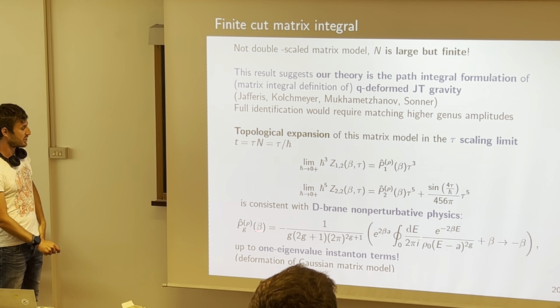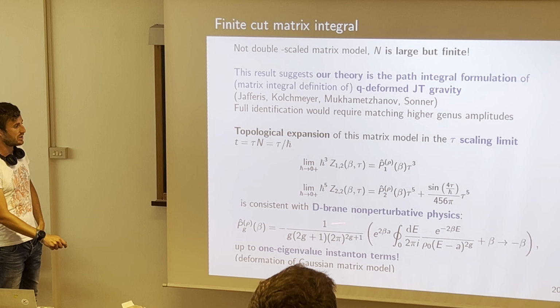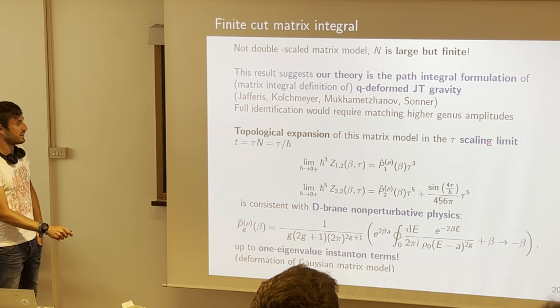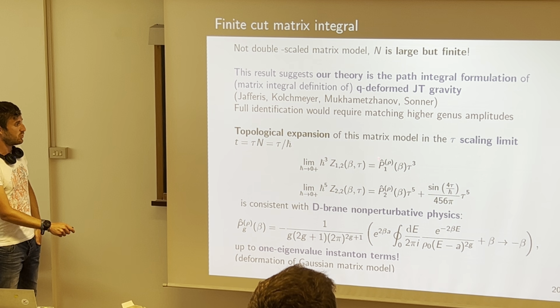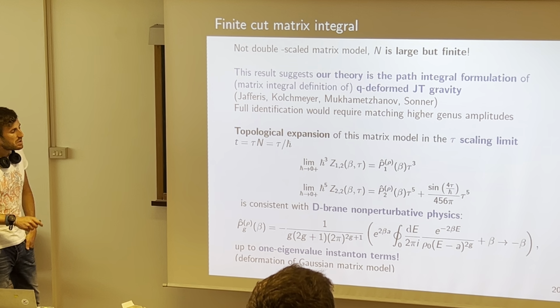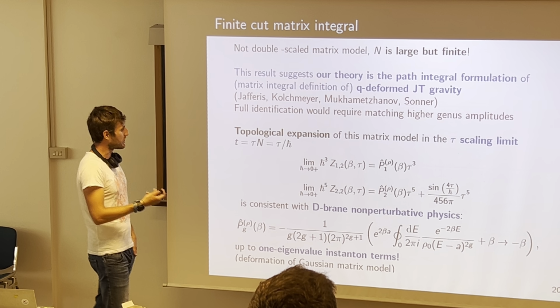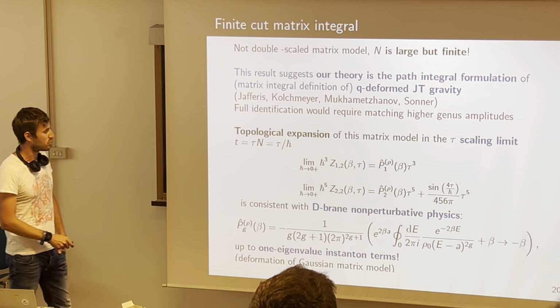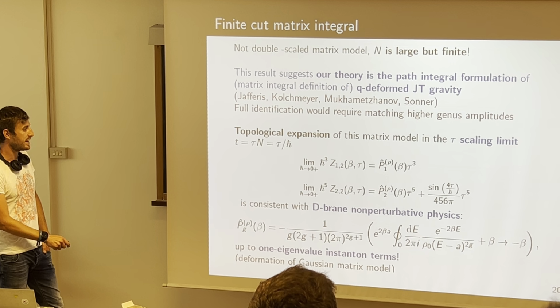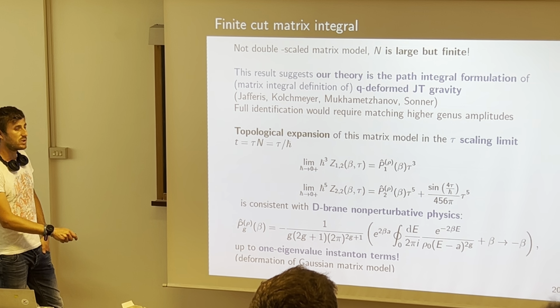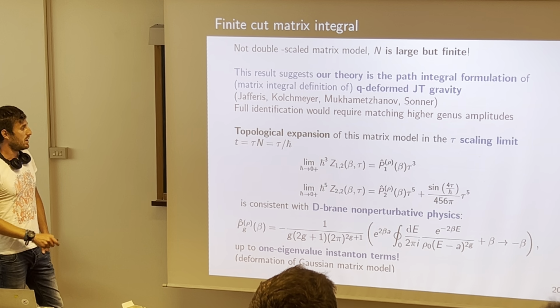And these coefficients would be the prediction of this sine kernel, which becomes exact in this tau scaling limit. And indeed, we find a match. So this is not, of course, a proof of the duality, but it's still nice that we can construct first the brane effects and see that these are consistent with the topological expansion.